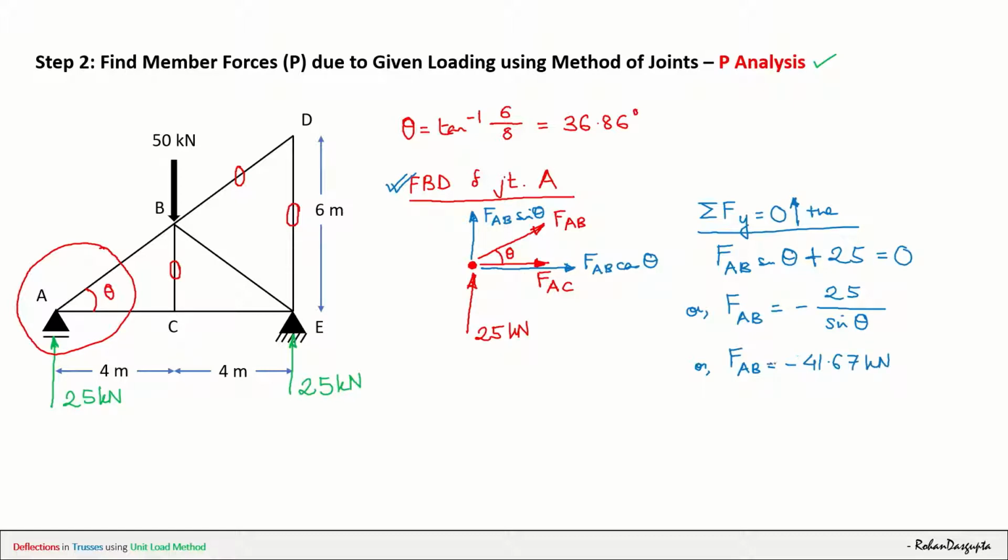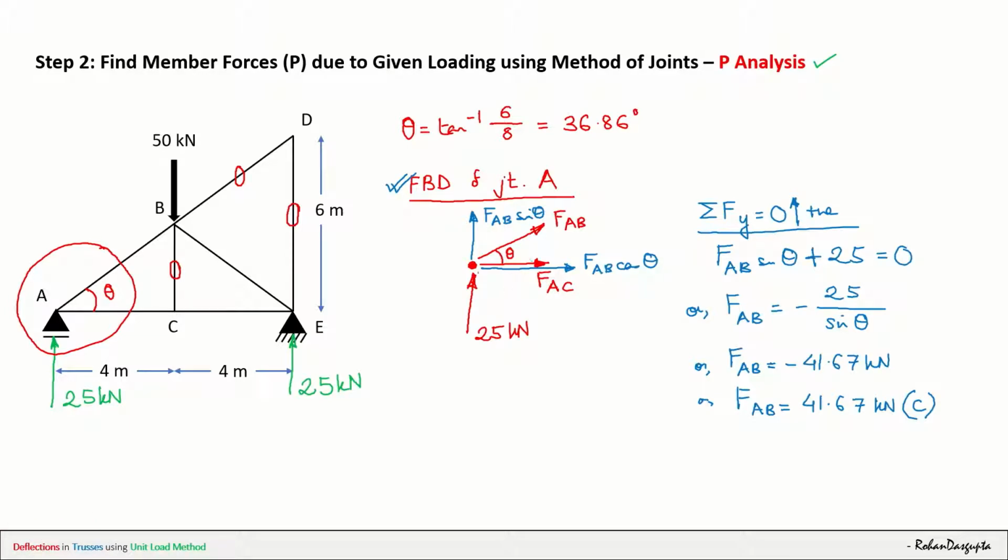And since this has come as negative, I'll make the remark that FAB is equal to 41.67 kilonewton, compression, because it has come as negative and we had assumed that this is positive. Okay, it's as simple as that.